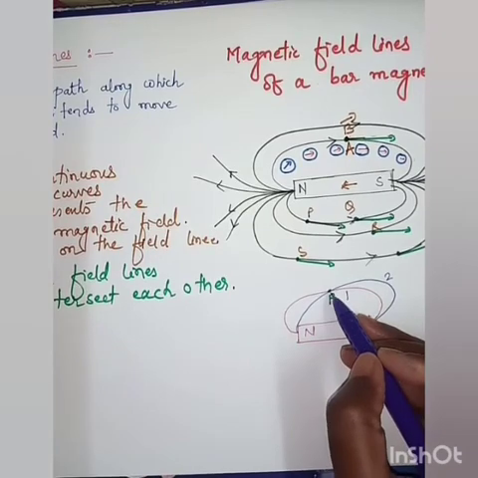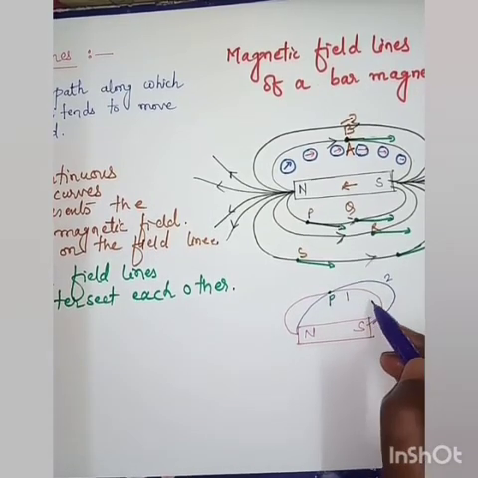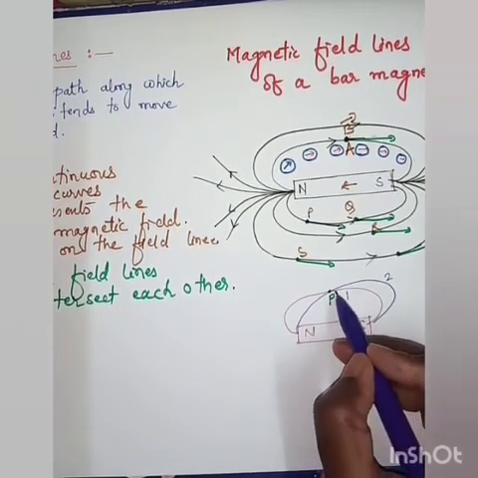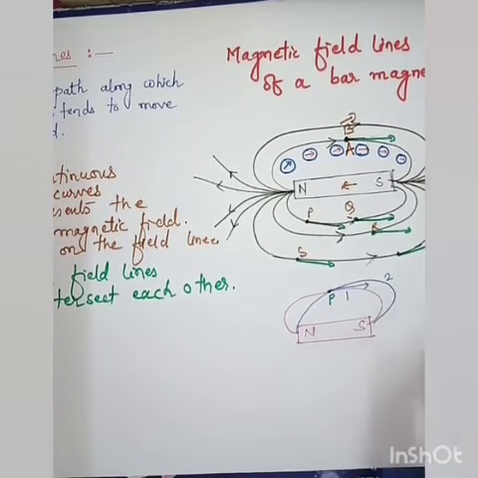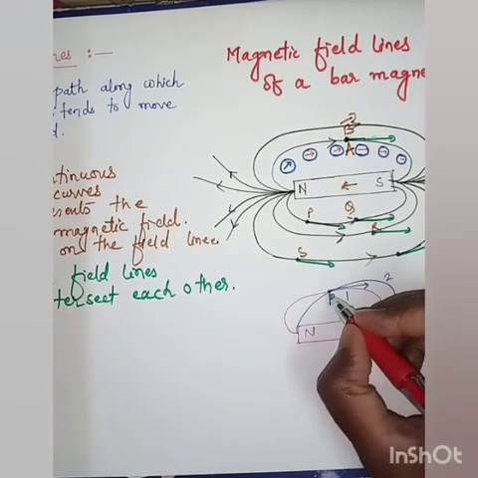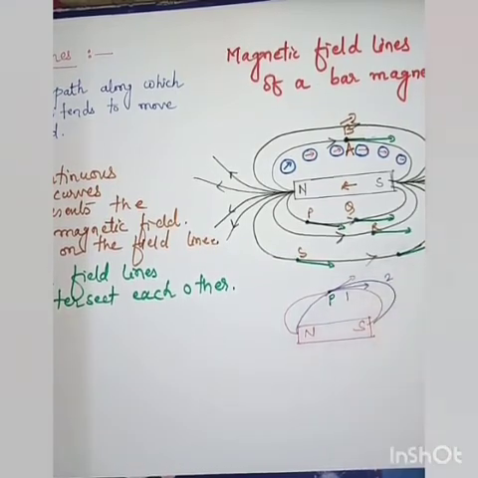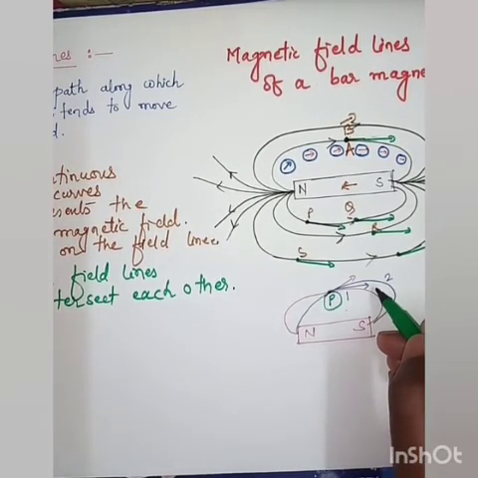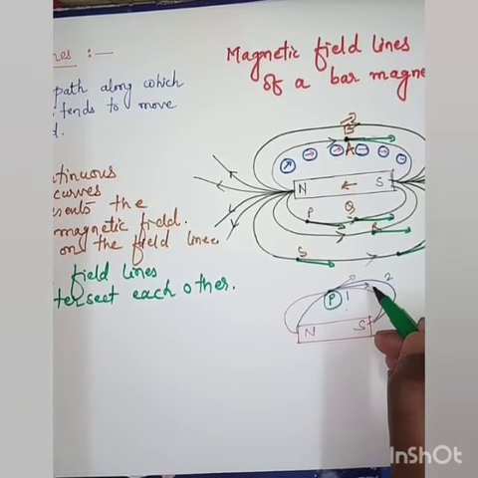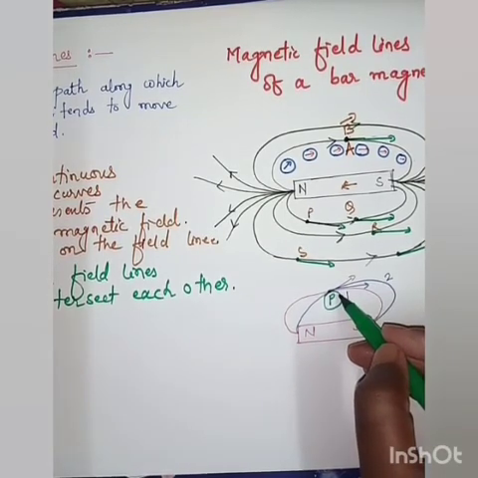To find the direction at P for line 1, we will draw a tangent, and for field line 2 also. So at a single point there are two tangents, that is, two directions of the magnetic field at a single point, which is impossible because at a point there can be only one direction of the magnetic field.